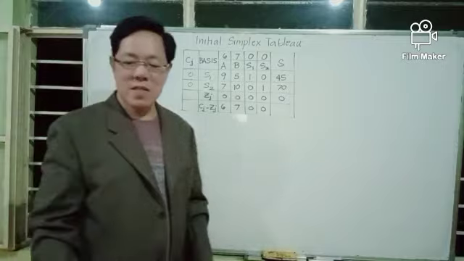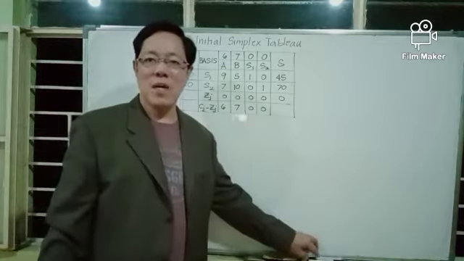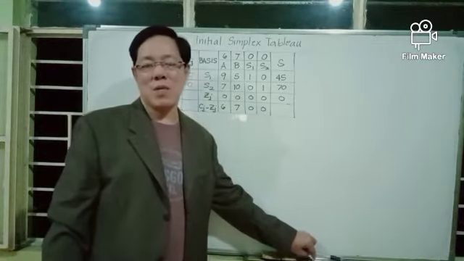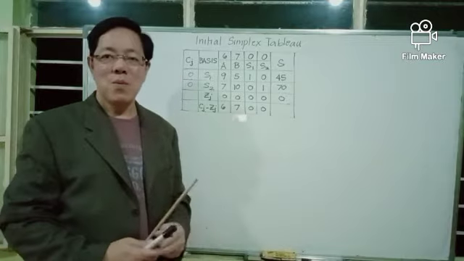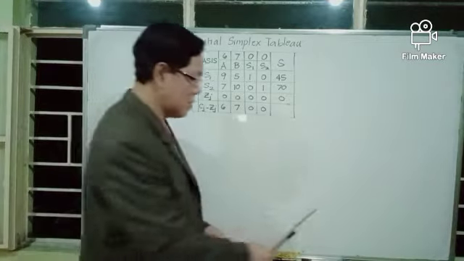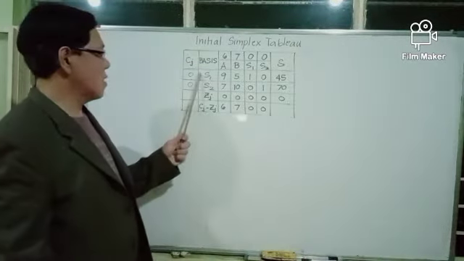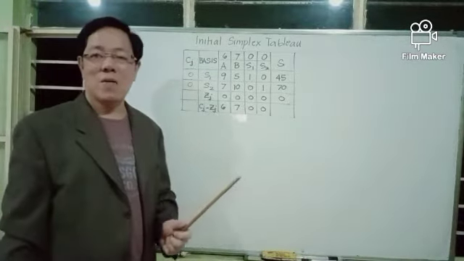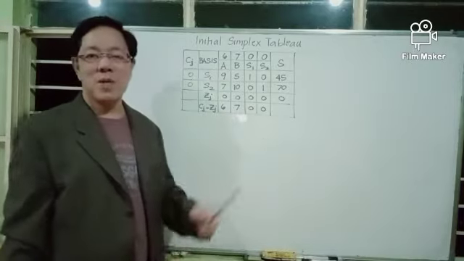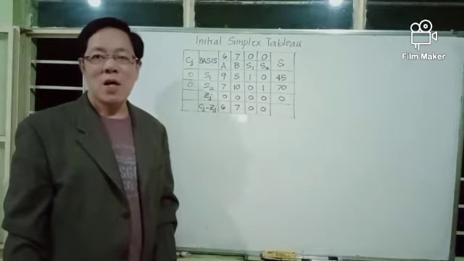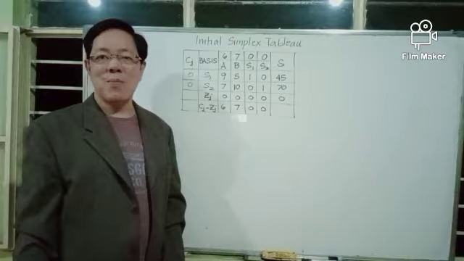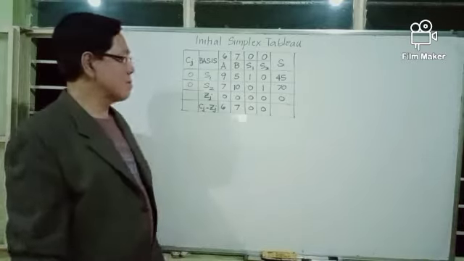Again, the first step to develop the second simplex tableau is to determine which of the decision variables will enter the basis column, so that one of the decision variables a or b will have a value that will give an increase in the value of the objective function.